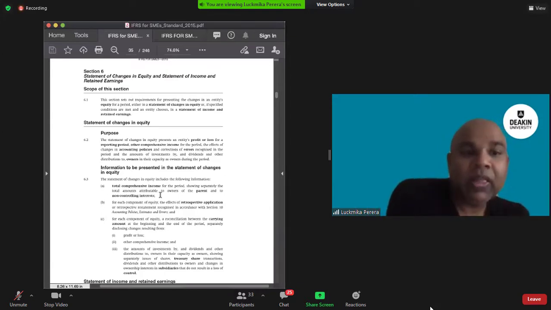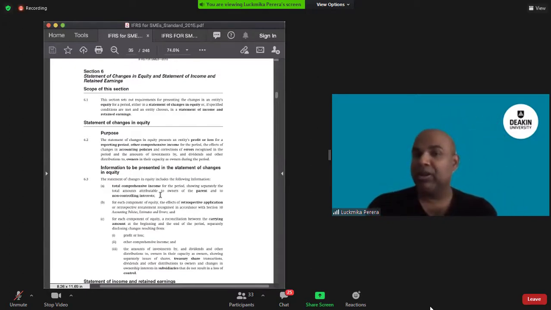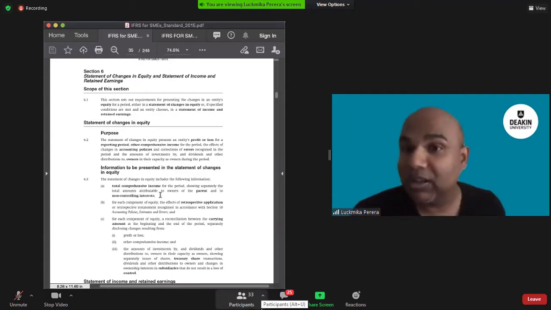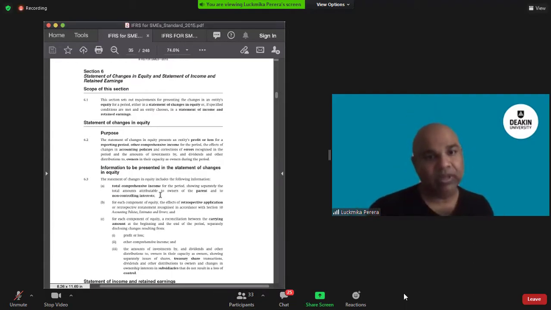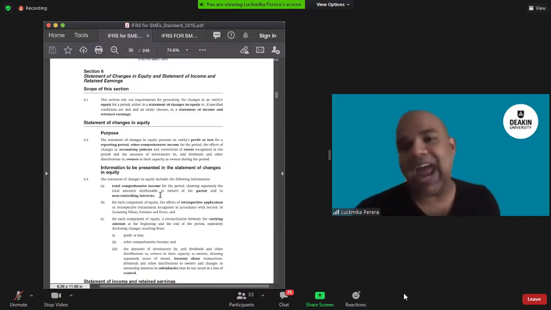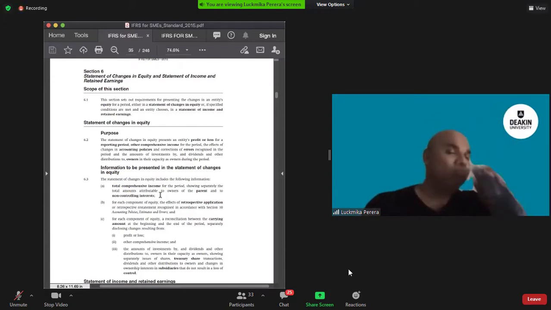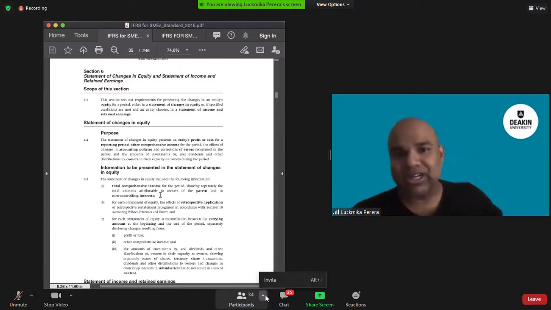The information to be presented is the total comprehensive income, which comes out of the income statement, which adds to the equity of the organization. So it shows the carrying amounts of equity at any given point in time and how the equity changed in the given financial year.